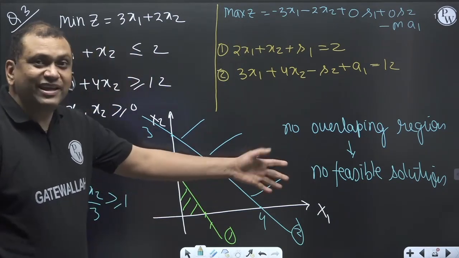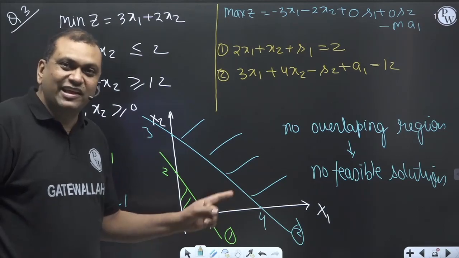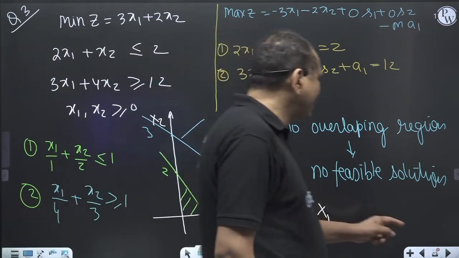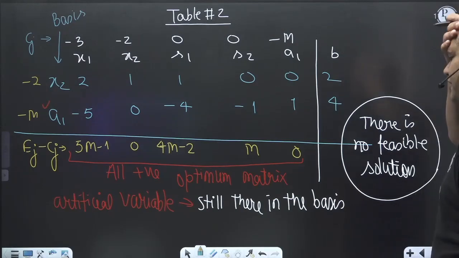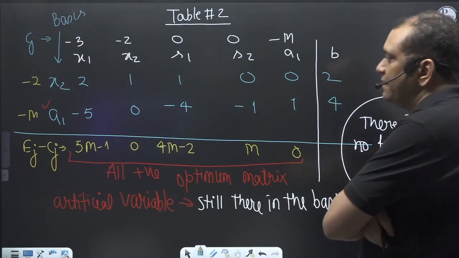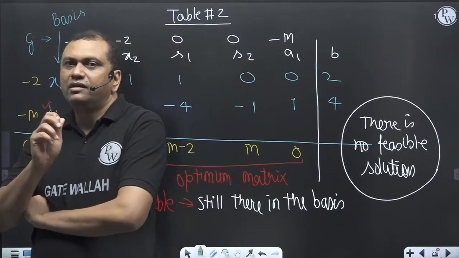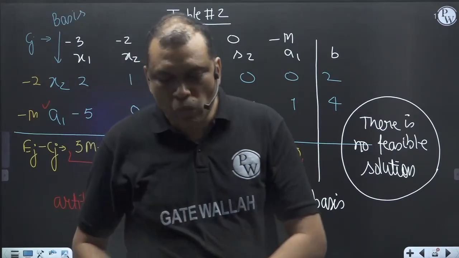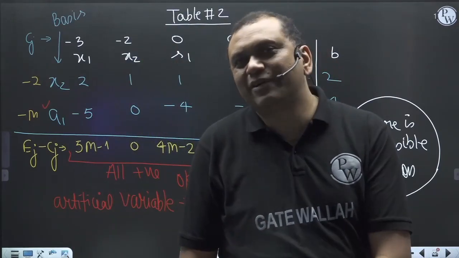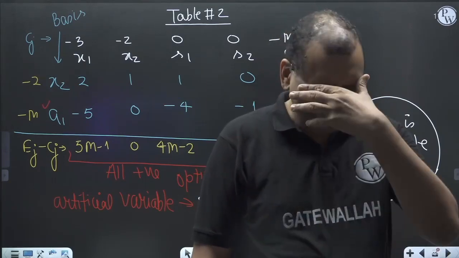So in the simplex, it will appear like that. Whatever we have done, it will appear exactly like this. So this we have proven. For an infeasible problem, there is an optimum matrix, but the artificial variable is still there in the basis. Because the problem was two-dimensional, we could see.